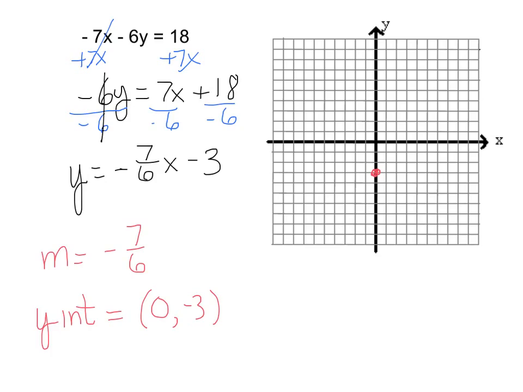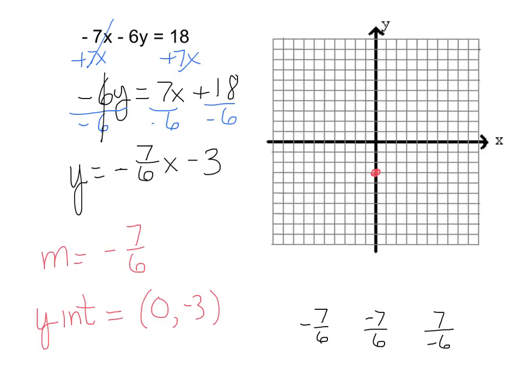I purposely stuck that negative out in front because it doesn't really matter if I write it as a negative 7/6, or a negative 7 over a positive 6, or a 7 over a negative 6. All of those are a negative slope, and it doesn't matter how I work through that.